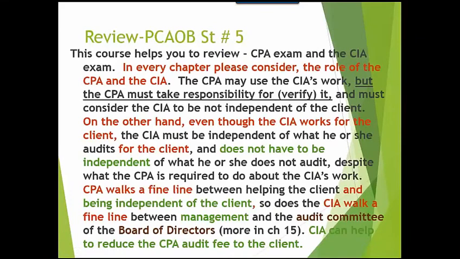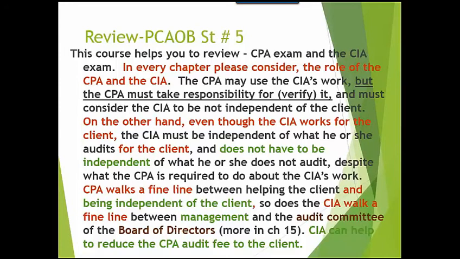So let's take a step back and understand where we are in relationship to the CPA, and what CPAs do versus what internal auditors do. The CPA exam is in some ways very similar to the CIA exam.